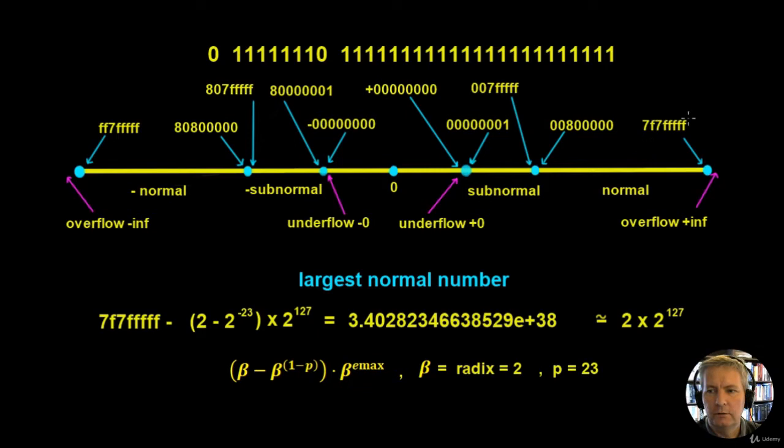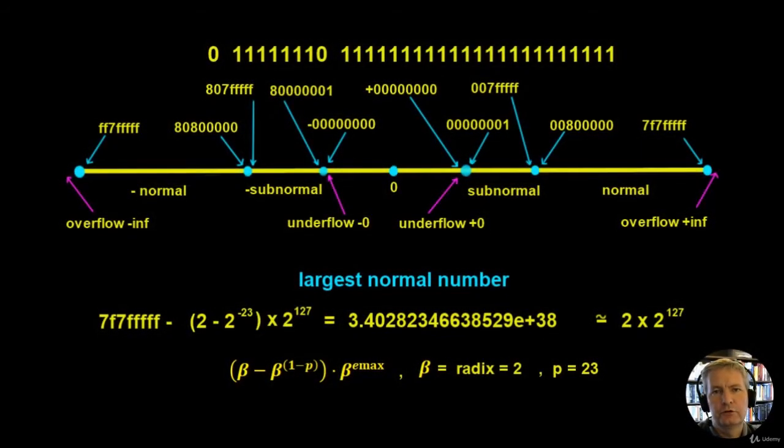So this number here is the largest normal number, and I've put the largest normal number up here, and you can see here that the F is going to be the first 4 bits here, which are 1, 1, 1, 1. So it's much easier to see what we're doing whenever we put the numbers in hexadecimal. Otherwise we would have 32-bit numbers all over this and it wouldn't look very good at all.